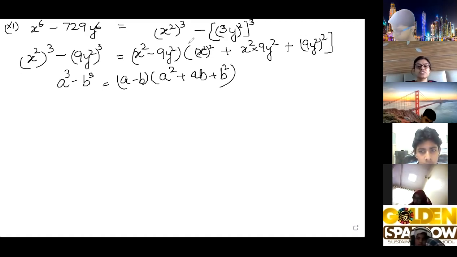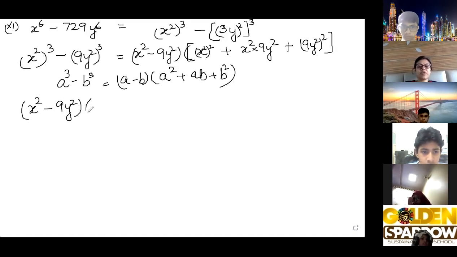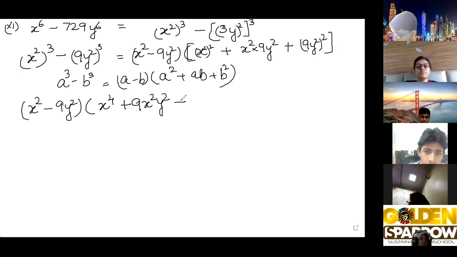So this is your second bracket. Simplify the second bracket first: x raised to 4 plus 9x square y square plus 81y raised to 4.